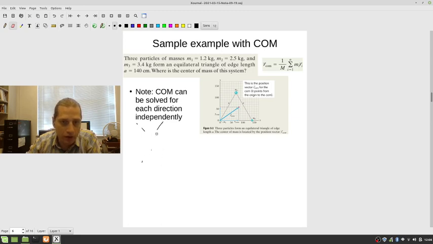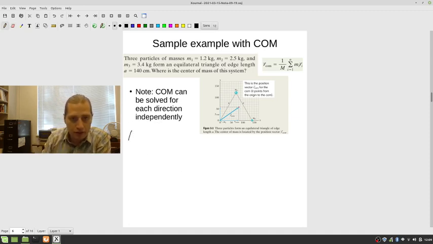So, all right. Let's go ahead and just try to apply our formula. We've got 3 masses. Our big M, our total mass, is going to be 1.2 plus 2.5 plus 3.4, and that would be in kilograms.